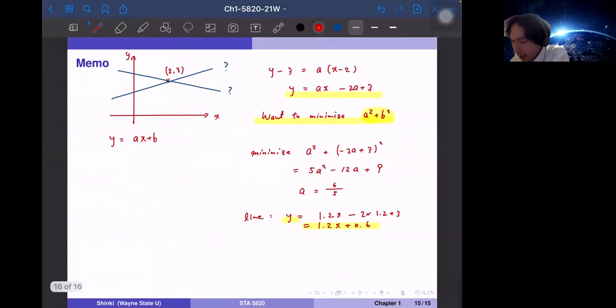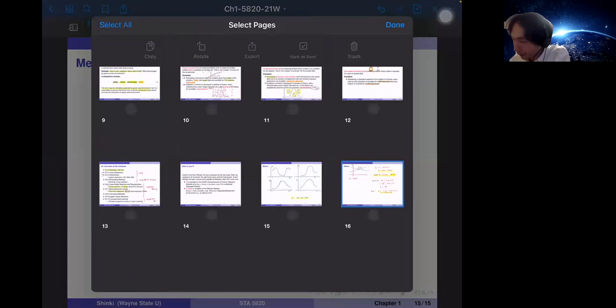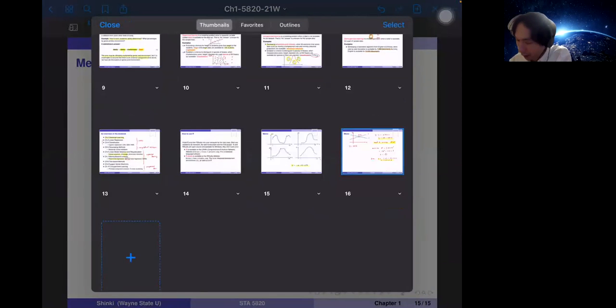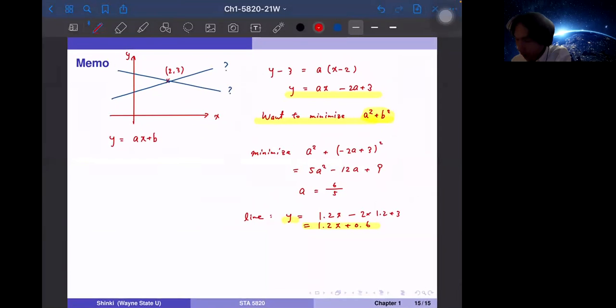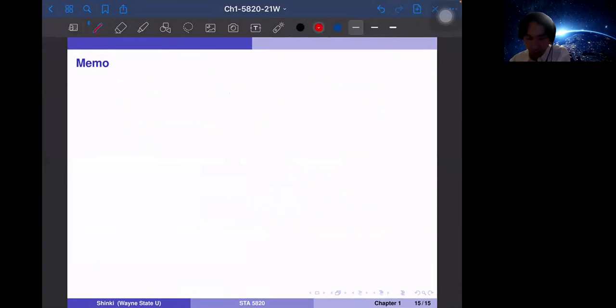So the spline's idea is basically the line graph. Suppose we have data and the pattern is really complicated. So we have the x-axis and y-axis.